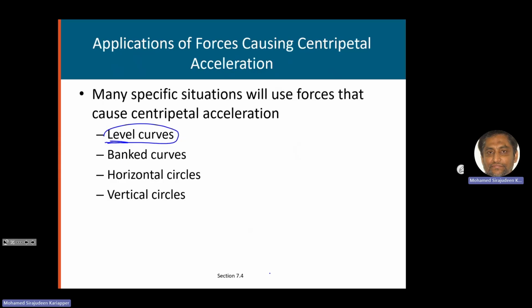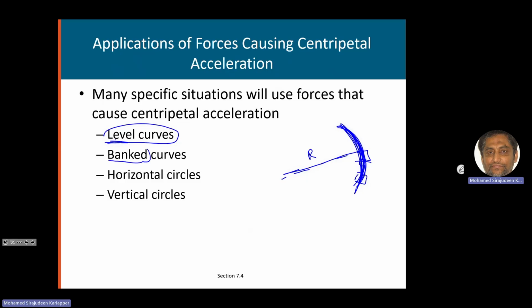So when a vehicle is on a level road, if it is making a circular path, maybe in a turn, a curve, you can say this car is describing a circular motion of certain radius r, the radius of curvature of this particular curve. So that is one example where we're going to apply our knowledge of centripetal forces and centripetal acceleration.